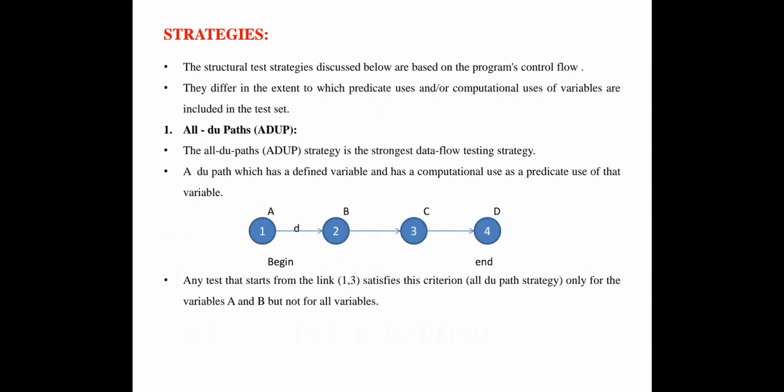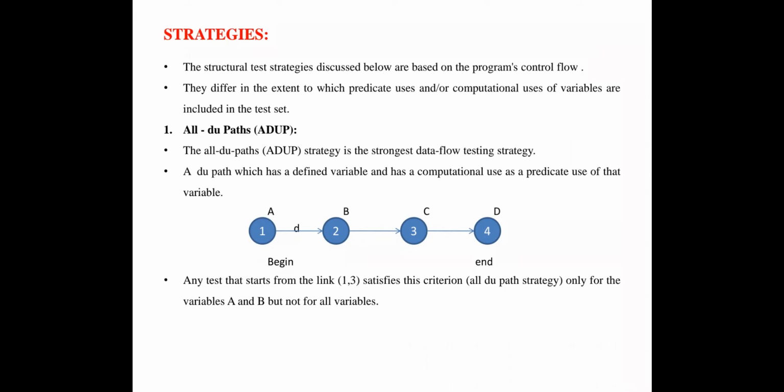Now coming to the topic called strategies. We have multiple strategies that you can apply to a particular data flow path. Generally, strategies are applied to the structure. The structural test strategies discussed below are based on the program control flow. Whatever program control flow you have taken, based on that only you will apply the strategies.